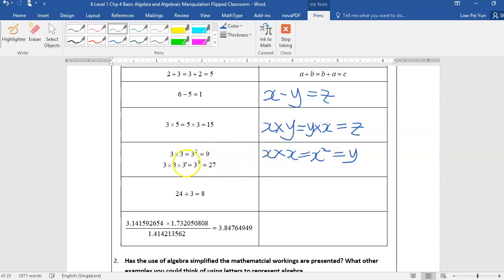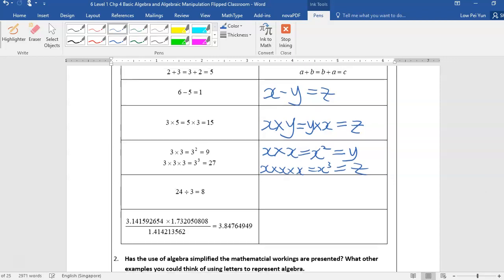Then 3 times 3 times 3 is 3 cubed. I'm going to write x times x times x is x cubed, which is equal to another number different from 9. Now I'm going to use z. So z in this case is representing 27.